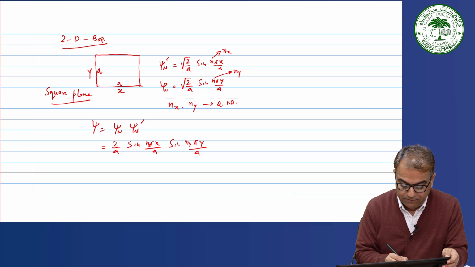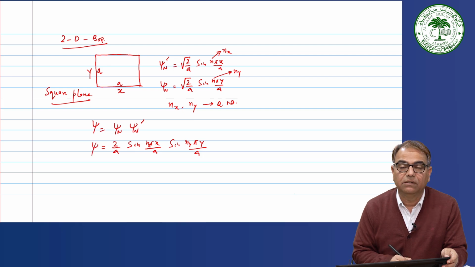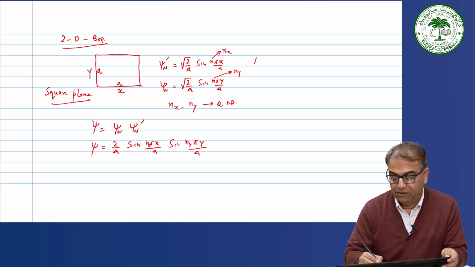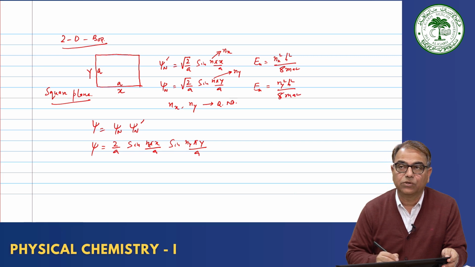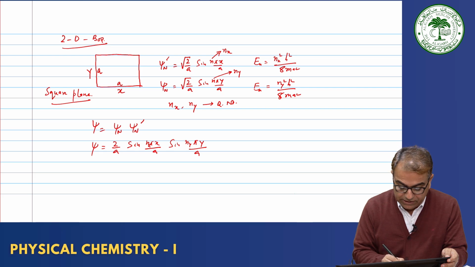So this will be your total wave function. What about the energy? Energy for x will be nx square h square divided by 8ma square. And the energy for this one will be ny square h square divided by 8ma square.